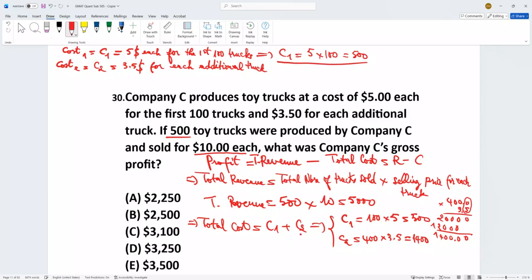That's the total cost. So total cost will be 500 plus 1,400, which is 1,900.